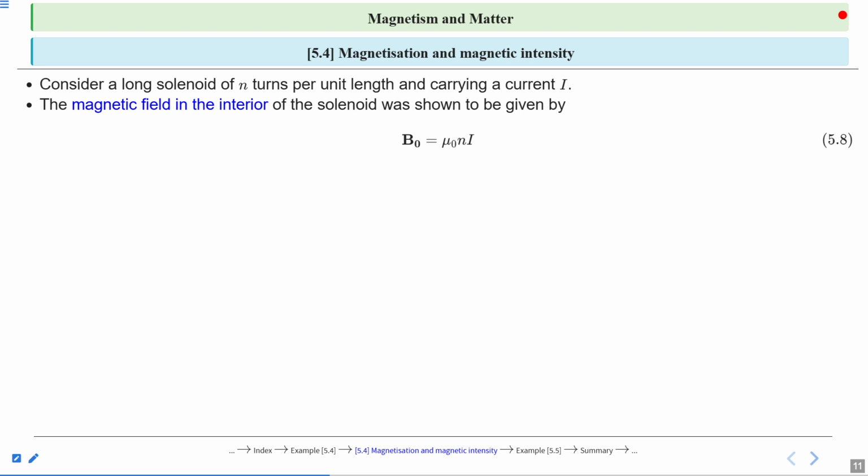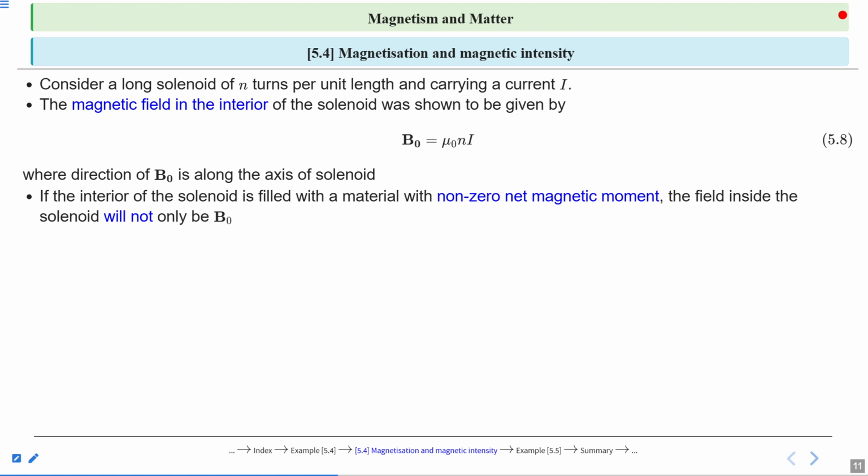Mark it as equation 5.8, where the direction of B naught is along the axis of the solenoid.